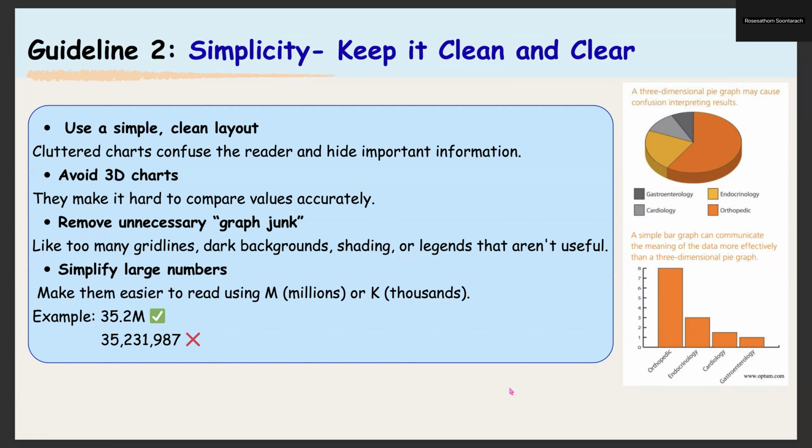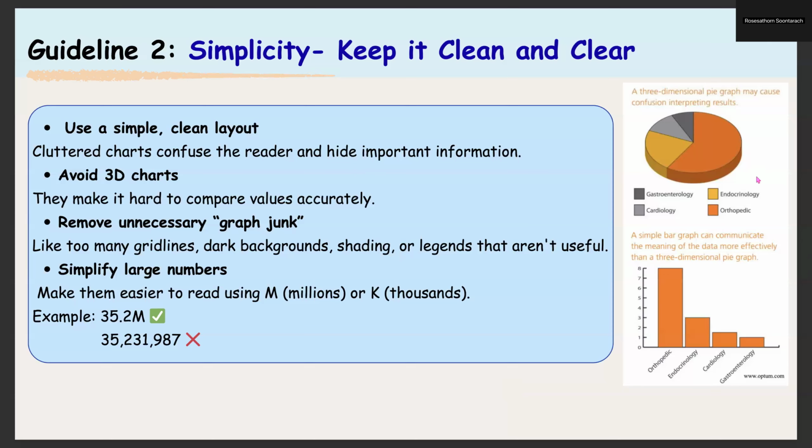You need to remove unnecessary graph elements such as grid lines, dark backgrounds, shading, or regions that are not useful. Or you need to simplify large numbers to make them easier to read, for example use M instead of millions or K instead of thousands.